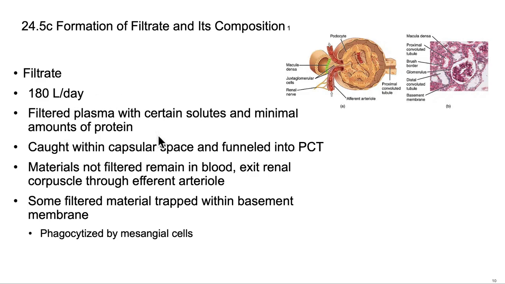So this filtrate is what is ultimately being collected within that glomerular capsule, that Bowman's capsule, the capsular space. It's plasma, some amounts of solutes, and small amounts of protein. From that capsular space, it is funneled into the proximal convoluted tubule.